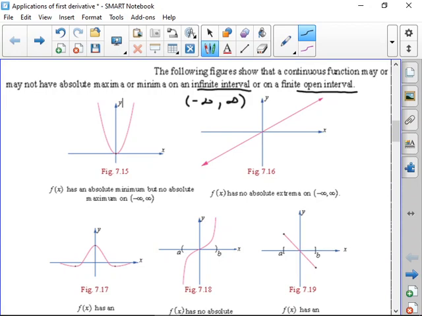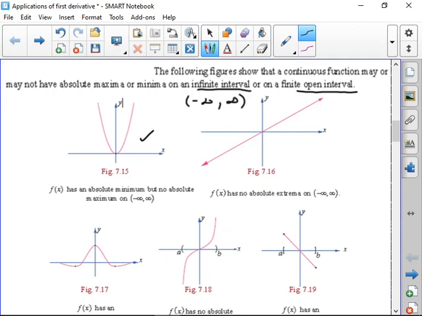So a continuous function may have absolute maxima, may have absolute minima, or may have neither, on an infinite interval or a finite open interval. So see this diagram. The first one is a parabola opening upward.